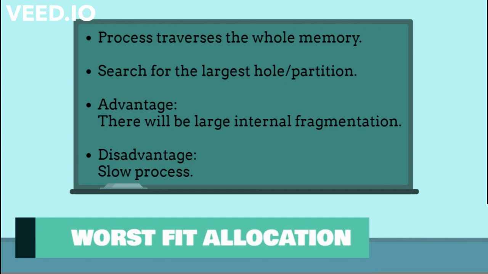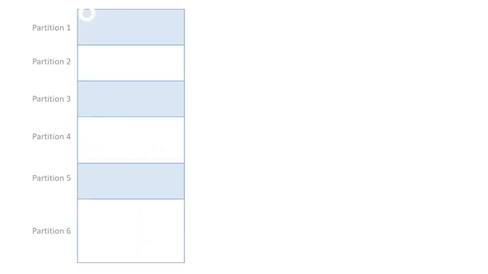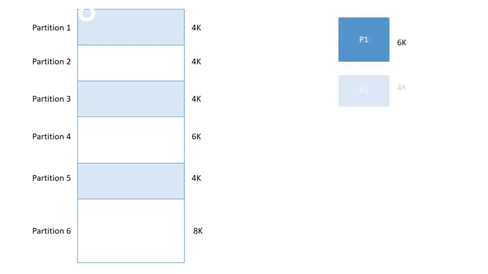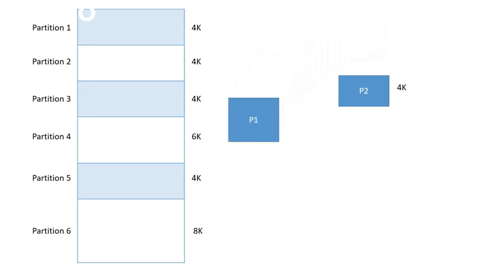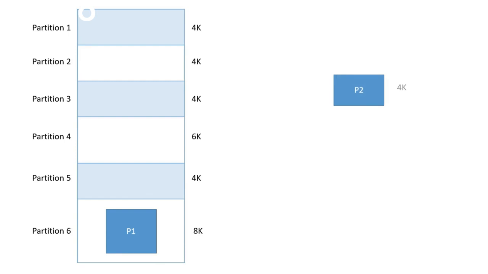However, the disadvantage is that it's a slow process as they would have to check the entire memory before making an allocation. As we can see in this example, the first process goes through the entire memory until it finds an available slot, in this case partition 6. Then, the second process goes through the memory again until it finds its available slot, which is partition 4.